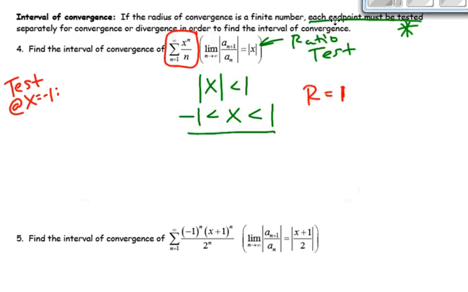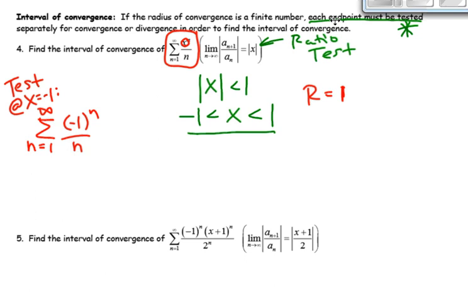I'm going to take x equals -1, and I'm going to plug it in for x here in our series. So we have the series from n equals 1 to infinity of (-1) to the nth over n. Now you see that x is not there anymore, and so this is just like what we did in the first half of this chapter.